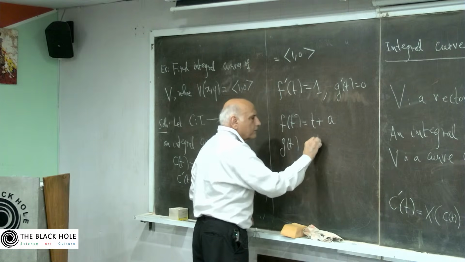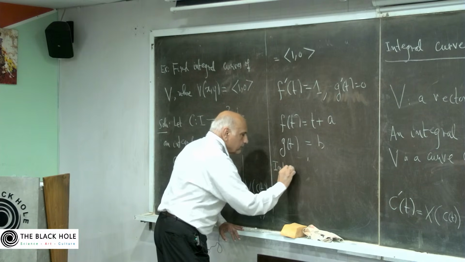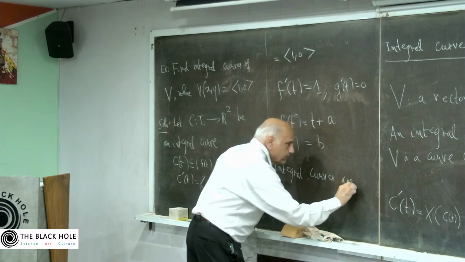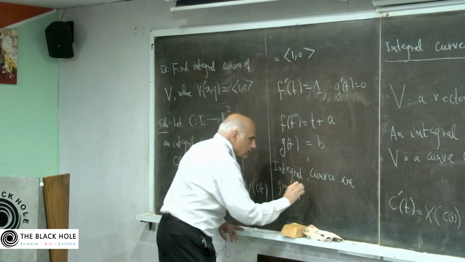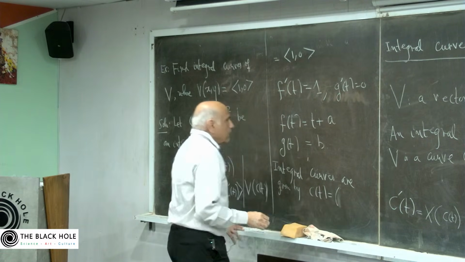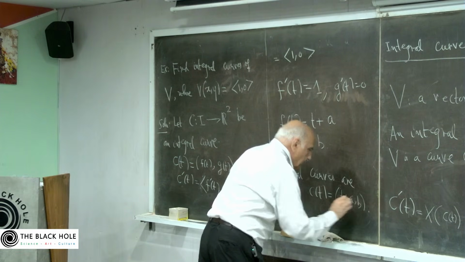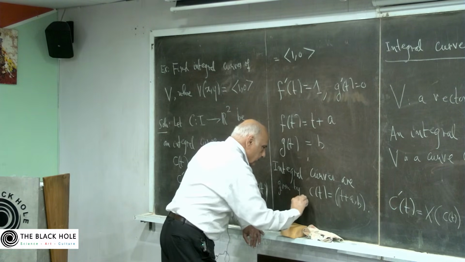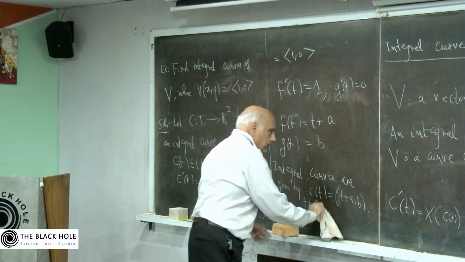Some constant B. So the integral curves are given by C(t) is equal to (t + A, B). Here they are defined everywhere. T can be any real number.